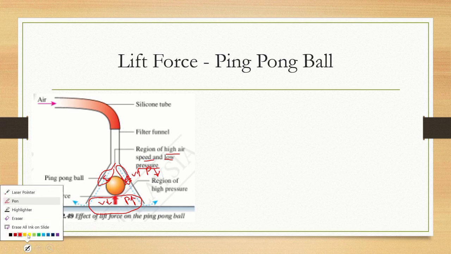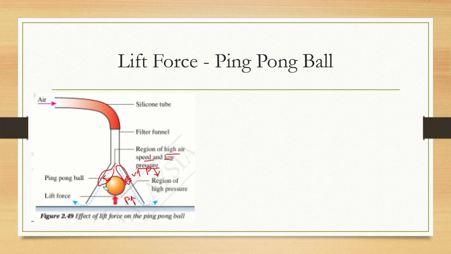Okay, so when they have the difference in the pressure, because this pressure below is higher compared to the upper one, the difference in the pressure will cause a resultant force upwards. So the resultant force that acting upward is called as lift force.